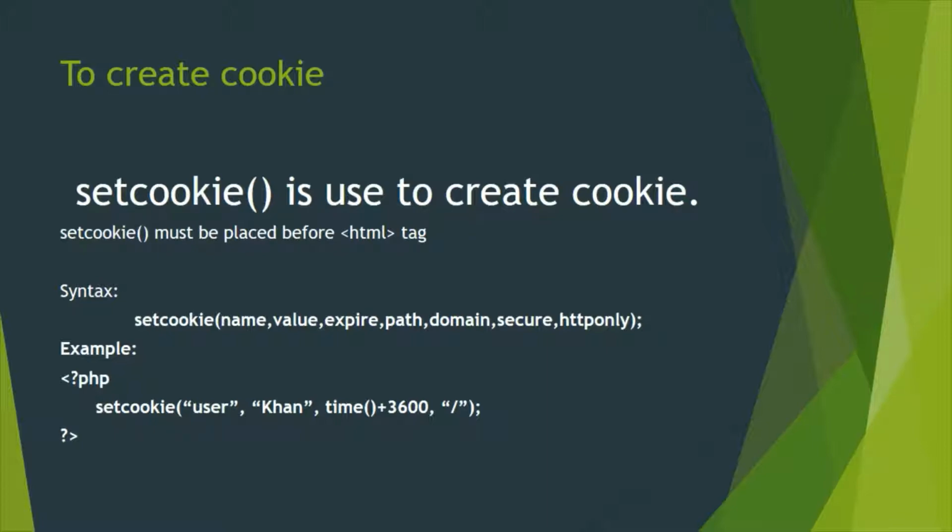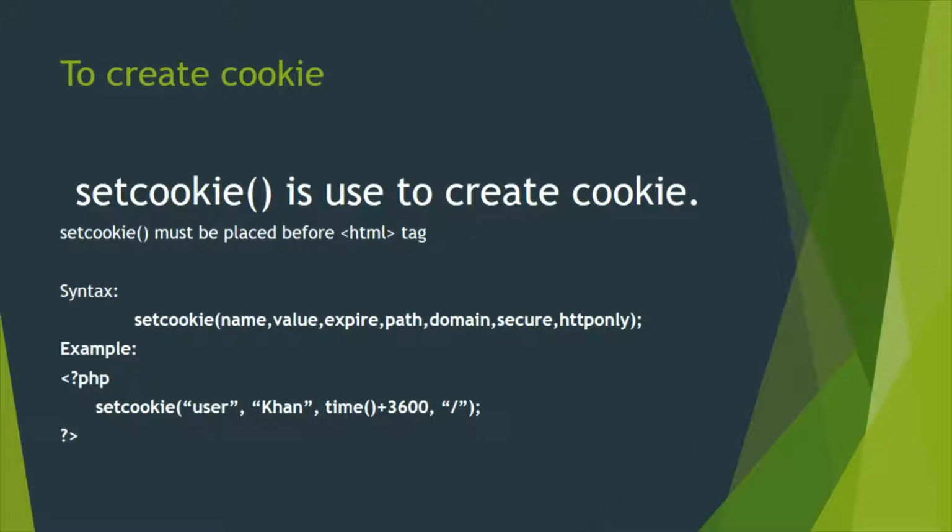In the example, you can see that the name of the cookie is user, the value of the cookie is Khan, and the expiry time is 1 hour. 1 hour is equal to 3600 seconds, and the time function returns the current time. So from the current time, 1 hour is the expiry time of the cookie user.